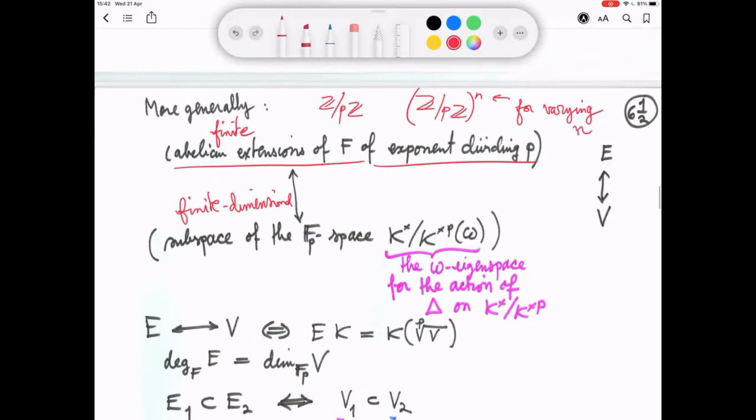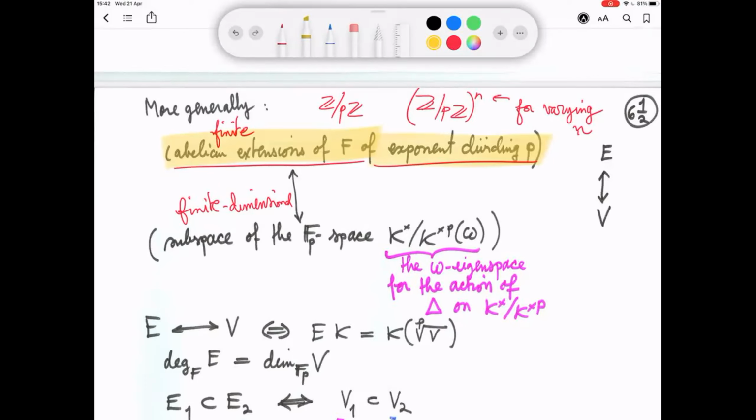So what are we looking at now? We are looking at finite abelian extensions of F of exponent dividing p. How can things divide p, which is a prime number? They can divide p by being equal to 1 or equal to p, right?